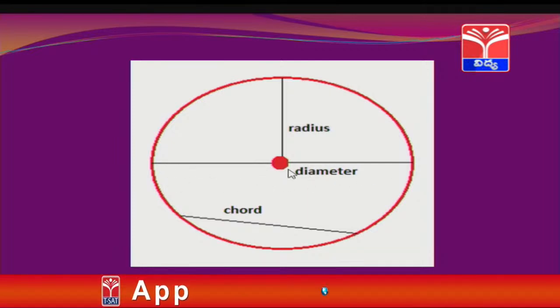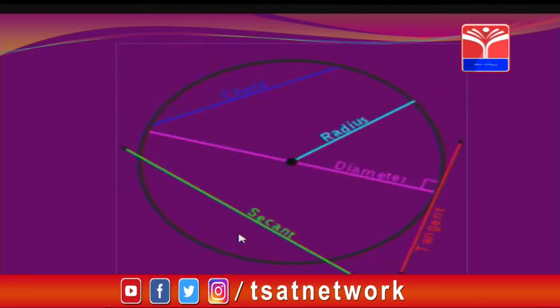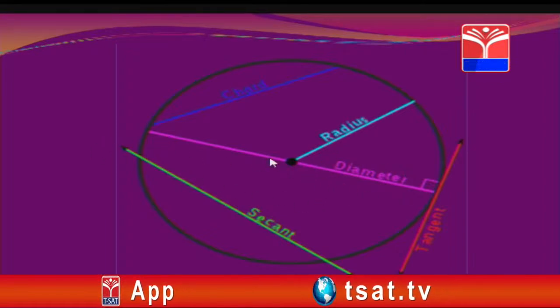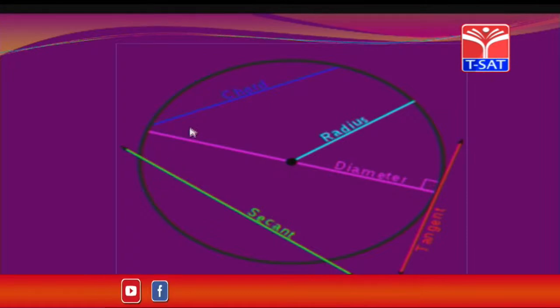Draw any circle and observe that the diameter is twice the length of the radius. So, this is a chord. These are all concepts which you have learned previously. This pink one is a diameter, and this is a secant, a line which is passing through. This is a chord.